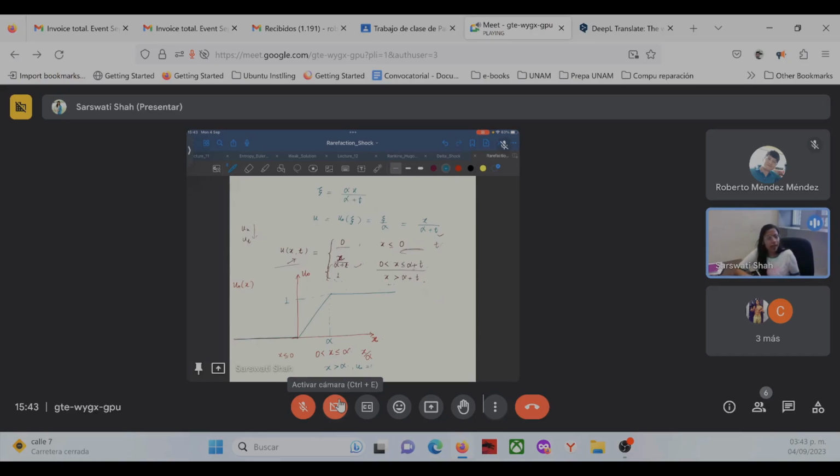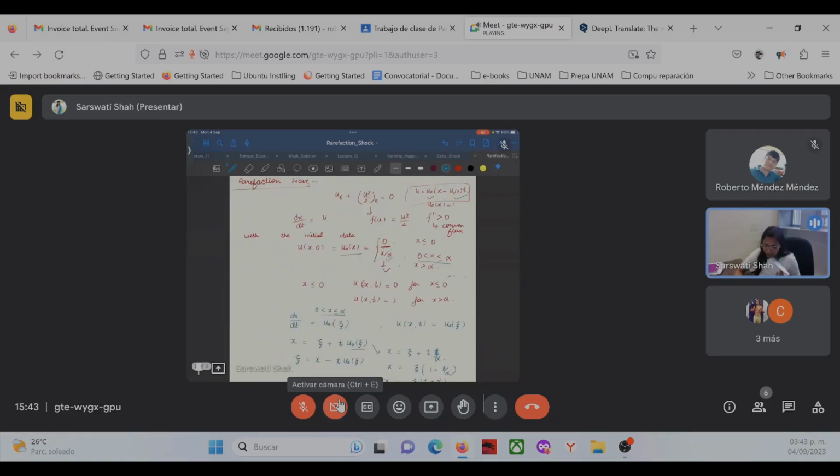Now what will happen to the initial data when alpha tends to 0?